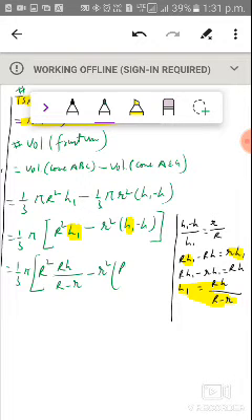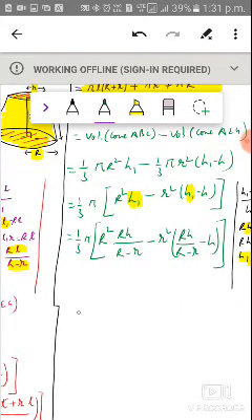In place of h1 we put R h by (R minus r), and solving it further now.